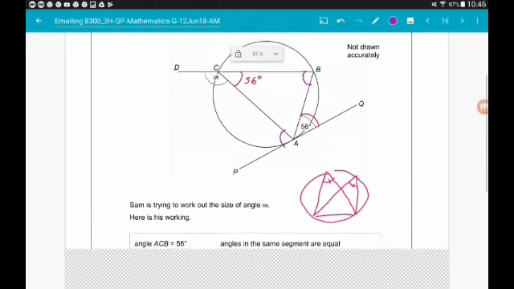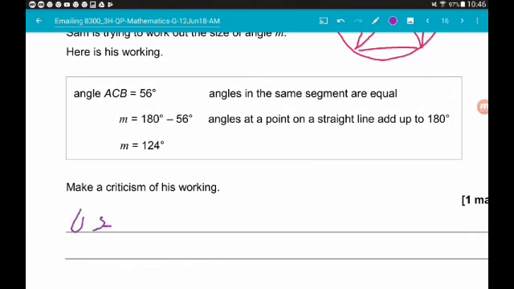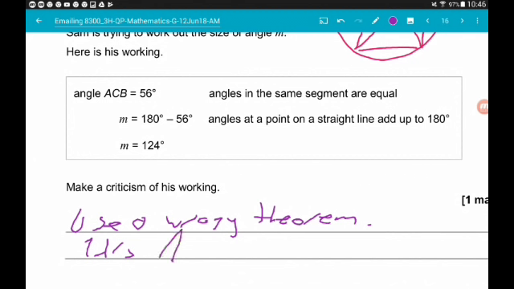So he's actually got the right answer, but he's used the wrong theorem. It's alternate segment. Cool. So I'll put my circle theorem stuff down below.